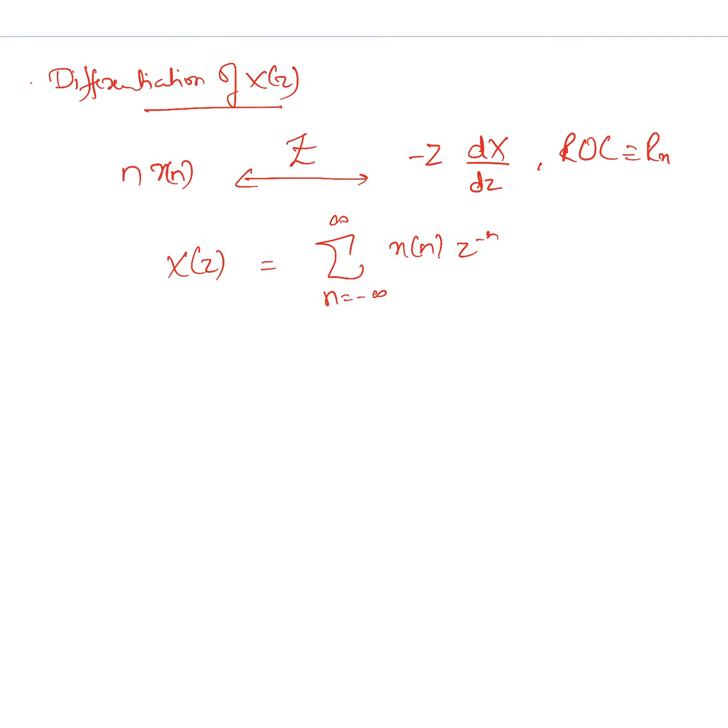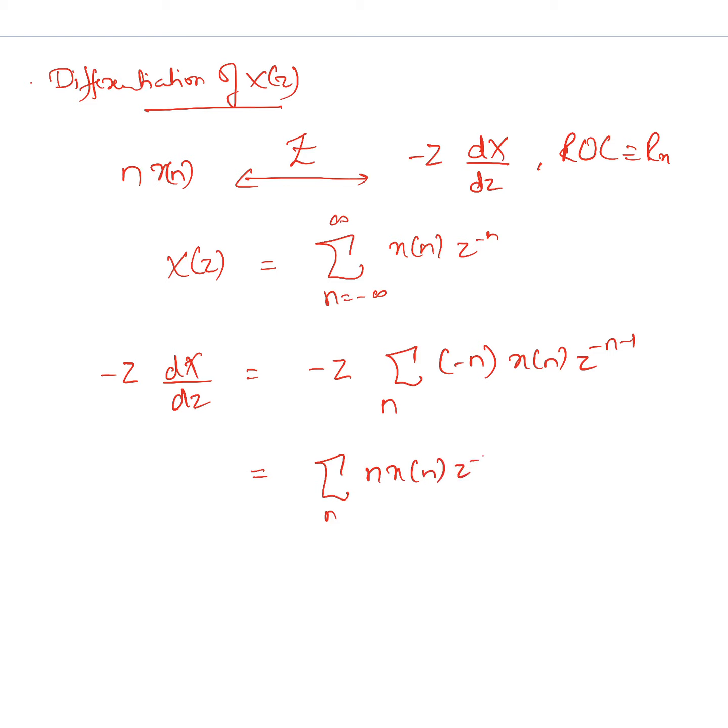If I take the derivative on the left hand side and multiply by minus z, so minus z dX by dz, on the right hand side it will give me minus n x of n z to the power minus n minus 1. Which I can simplify to the summation over n of n x of n z to the power minus n, which is nothing but the z transform of n x of n.